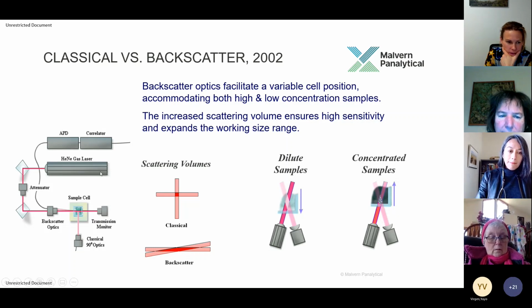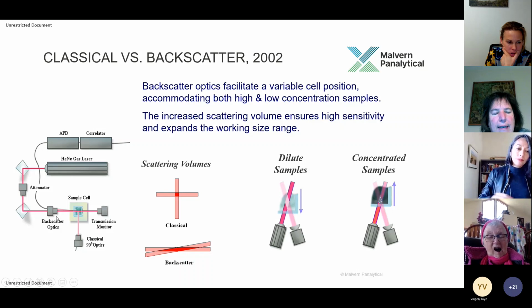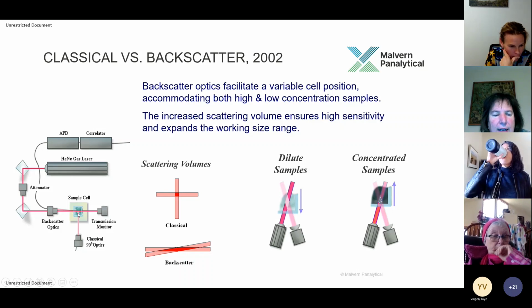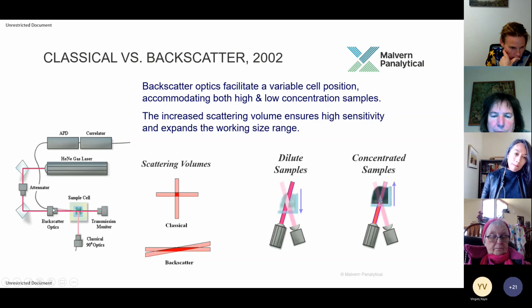laser that comes down the side of the instrument. We focus it around the instrument, it focuses into your sample cell, and we detect the light at the backscatter angle.